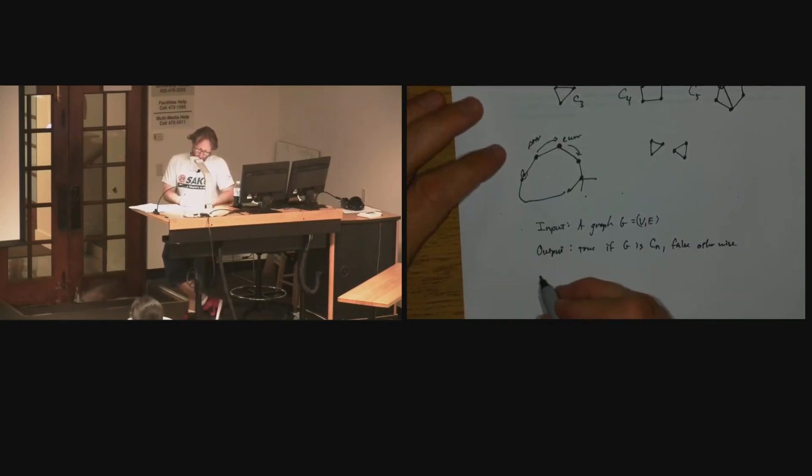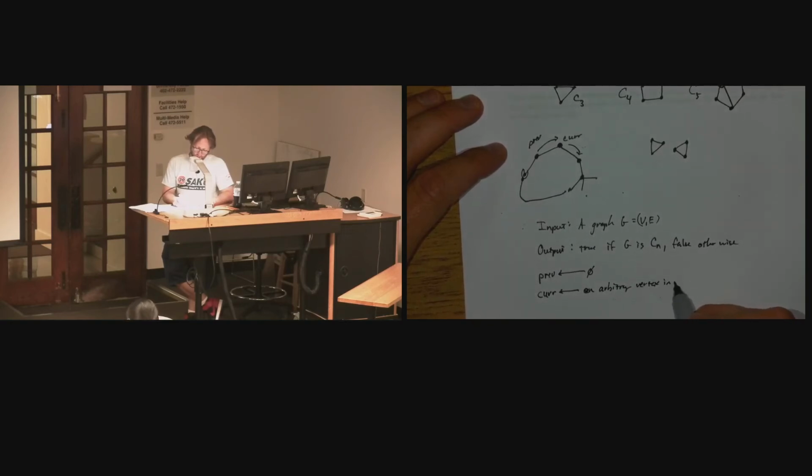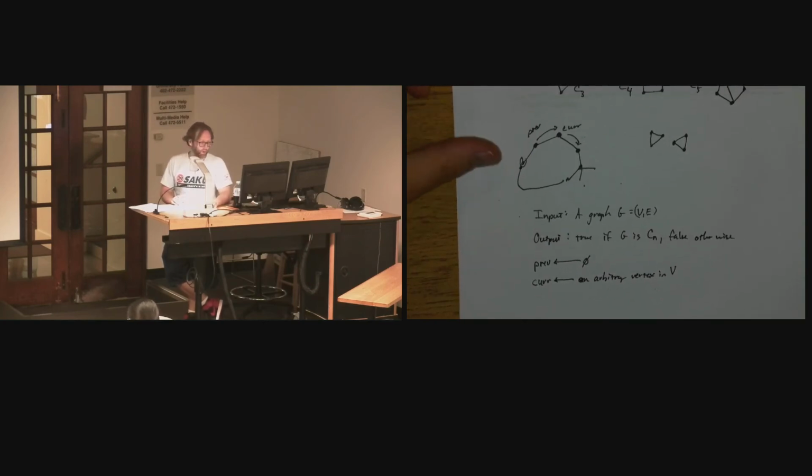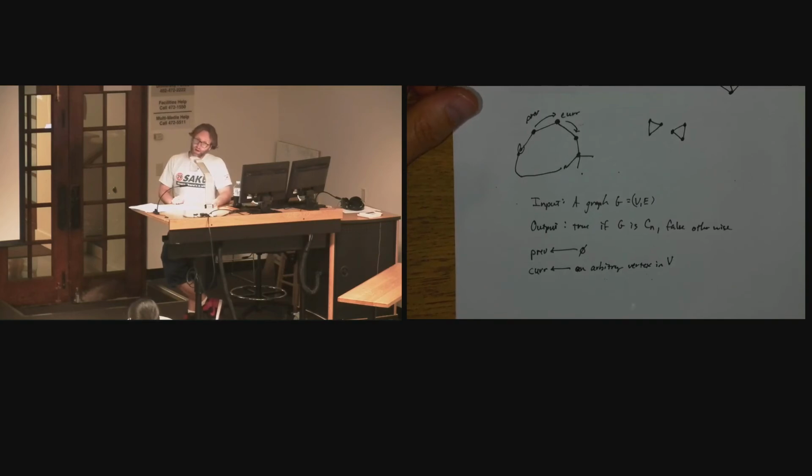All right, so let's go ahead and start with the current and previous. Like we said, we'll keep track of the current and the previous. Start at an arbitrary vertex in V. Again, it doesn't matter where you start. You could check up front, does everything have a degree 2? I'll just check those on the fly.